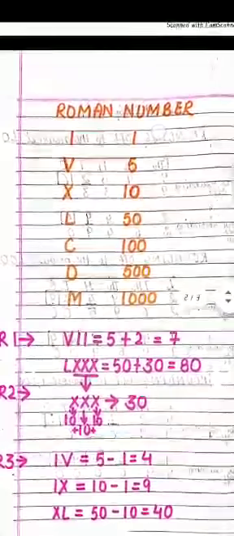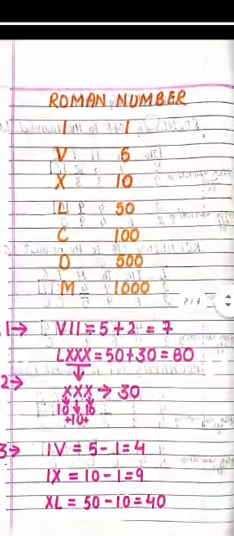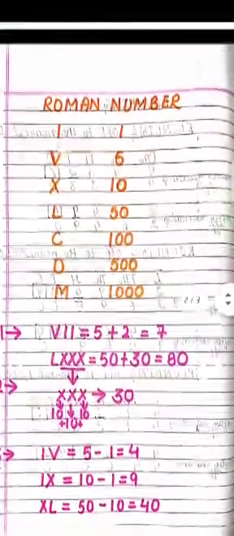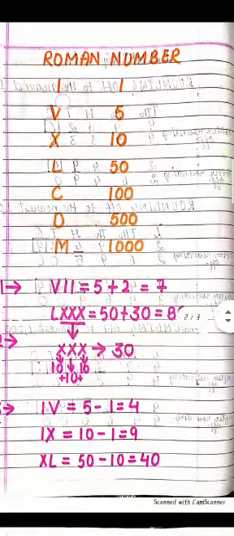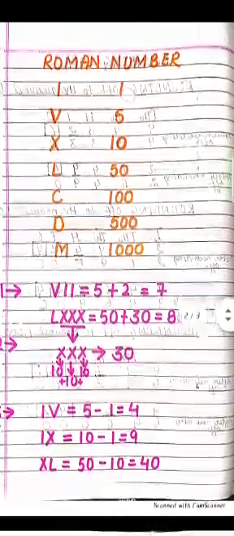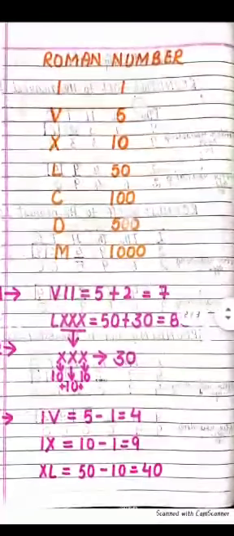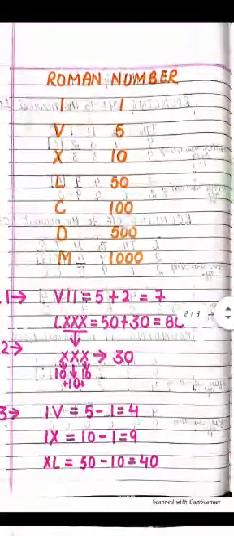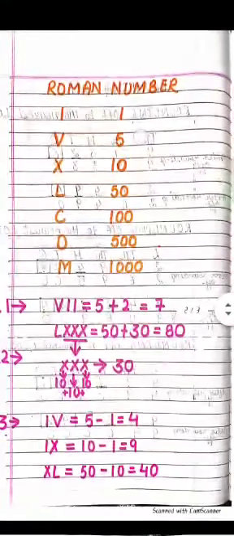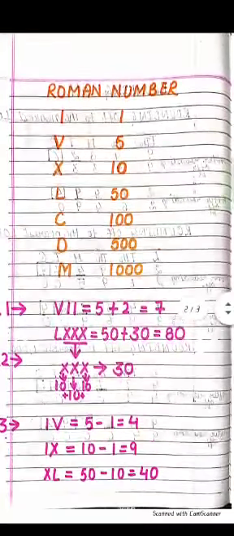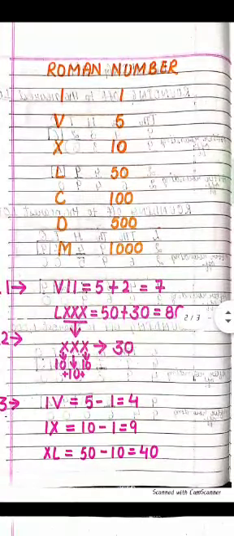So here you can see there are two lines. One is of Roman numbers and the other one is of Hindu Arabic numbers. This is our Hindu Arabic number. So this number is Hindu Arabic number and this number is Roman number.